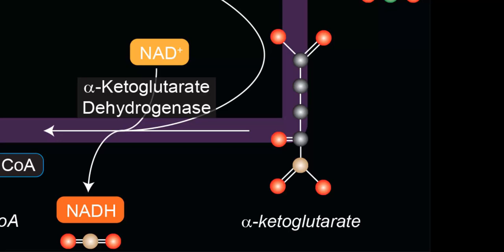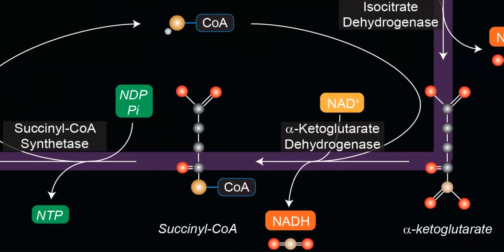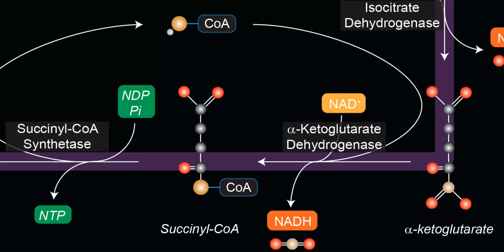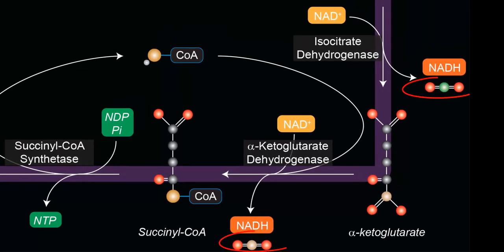Alpha-ketoglutarate then gets oxidatively decarboxylated to produce succinyl-CoA. So chemically, it's the same thing happening here. We are losing carbon dioxide, and we are reducing NAD+ to NADH. At this point, we have produced 2 equivalents of carbon dioxide.